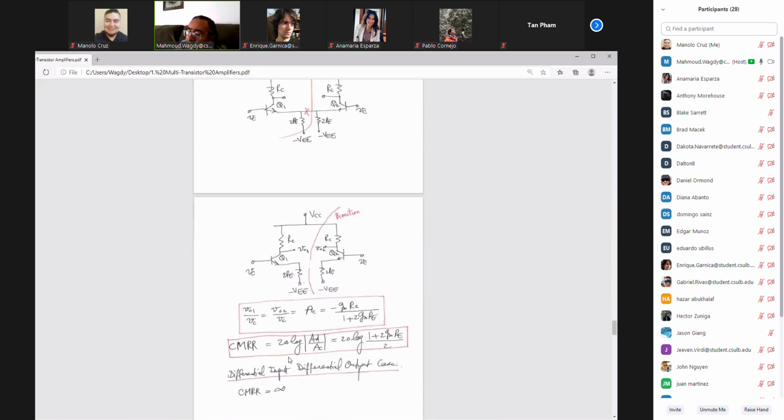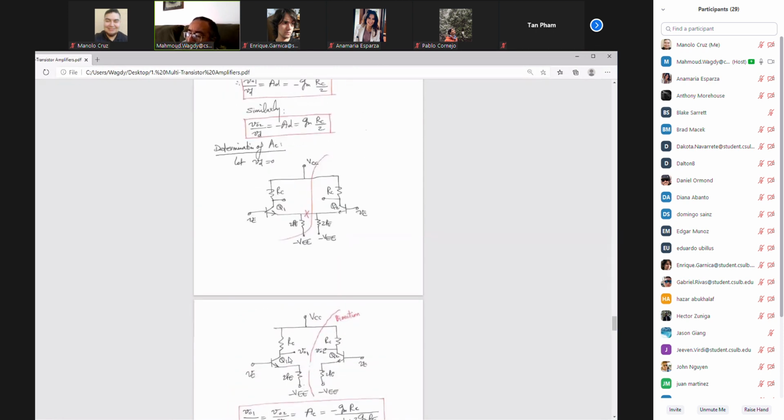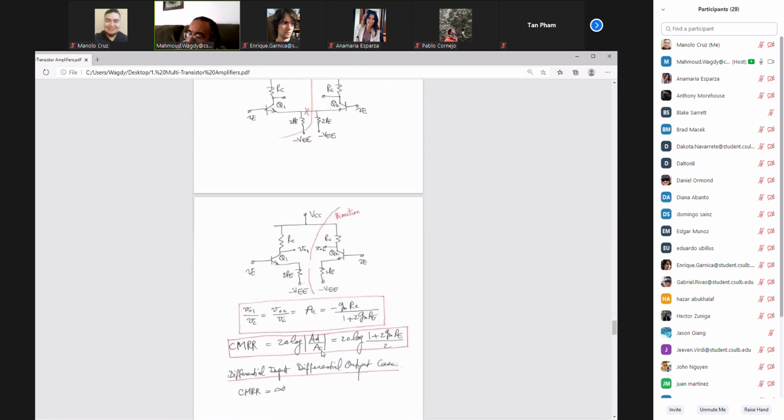Common mode rejection ratio is infinity because if you have a situation when you have equal outputs, when the two outputs are equal and opposite, what does it mean?